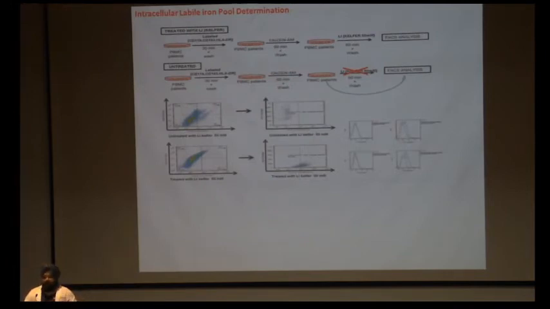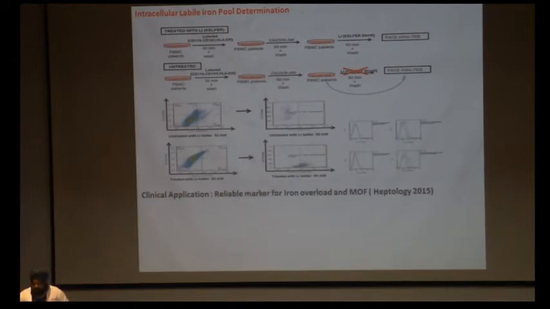So we can determine for you at an early stage whether the patient has a predisposition for multi-organ failure or not by analyzing macrophage iron content. For this we have a published protocol, and we can say this is a reliable marker for iron overload and multi-organ failure. We need cells, for example PBMC, and if you want to do tissues, we can do that for them. Sample preparation is again 4 hours for 40 samples, and 20K for 40 samples.